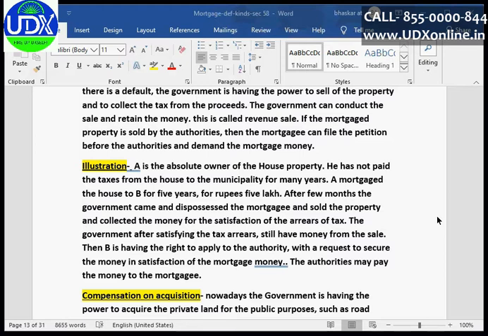All the expenses shall be deducted from that amount. After satisfying the tax and the expenses, still there is sufficient money with the governmental authorities.